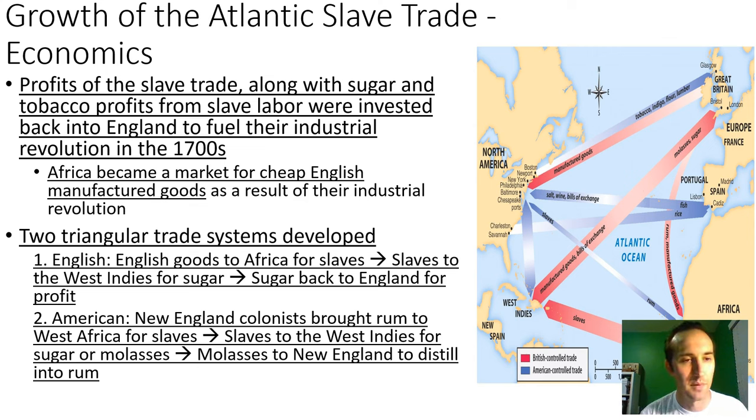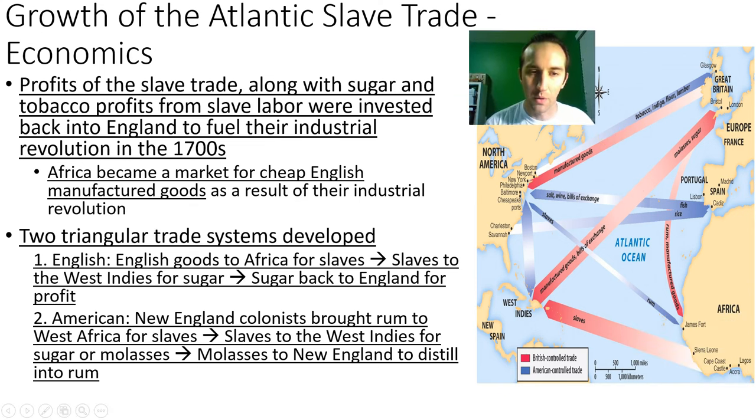We get two different trade systems developing in the triangular trade network. Under the English system, the English make really cheap goods, so cloth and metal goods, and then they're going to ship these to Africa for slaves. And so they'll trade the cloth, rum, anything that they can make for slaves.